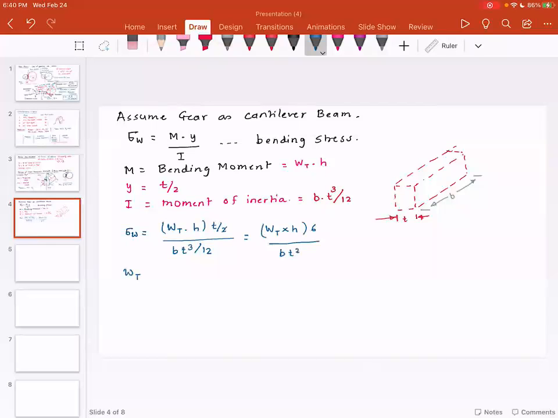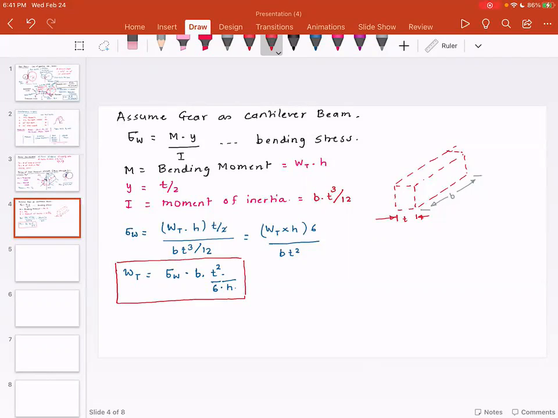That gives me Wt equal to sigma W times B multiplied by T squared divided by 6 multiplied by H. So this equation is the equation for determination of Wt when we know the bending strength of the beam.